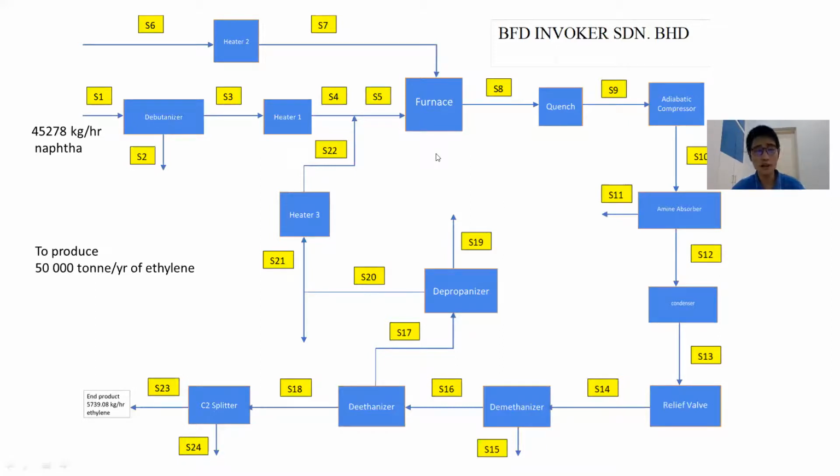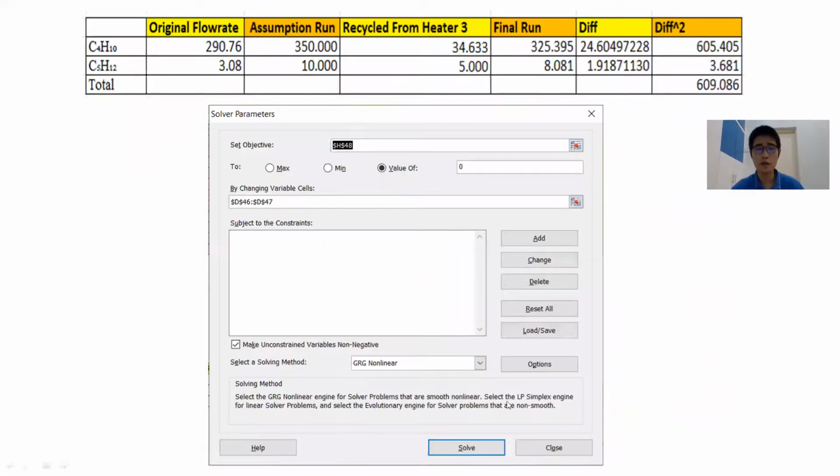So in order to solve this problem, we need to use the solver tool. Before we use the solver tool, we need to have a table. The first column of this table is the original flow rate. The original flow rate is from heater 1, and the recycle is from the outlet stream of heater 3.